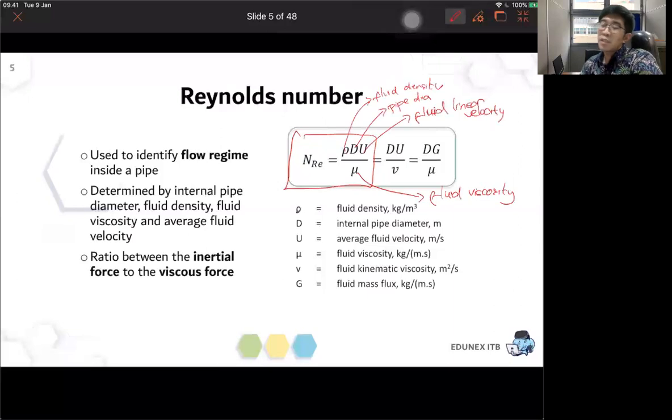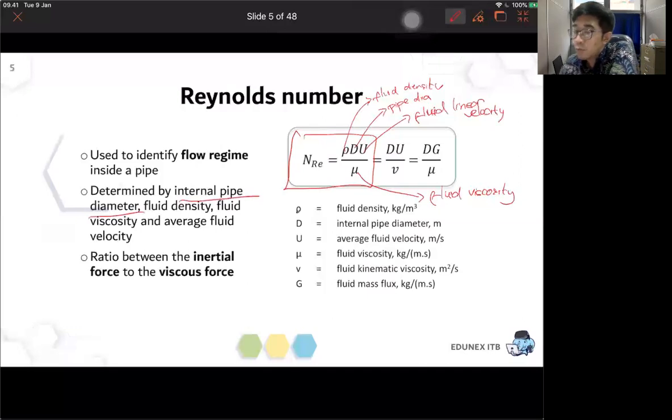By using this formula, you can check the units. It should be without unit. So there is no dimension, no unit for the Reynolds number, just a number. Right? So the D, the pipe diameter, is the internal pipe diameter.